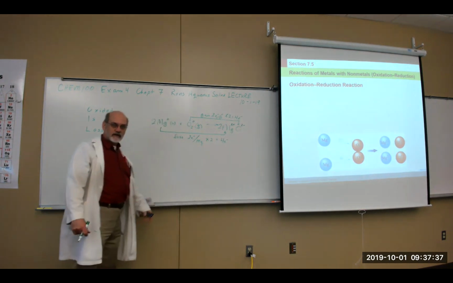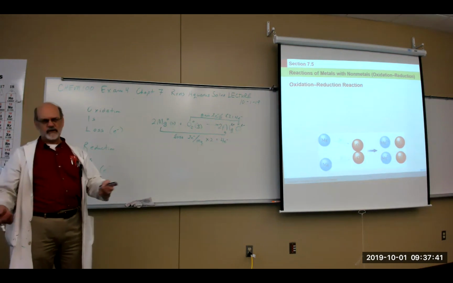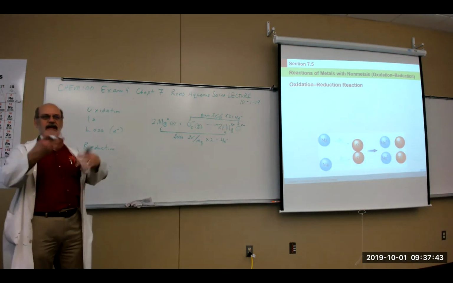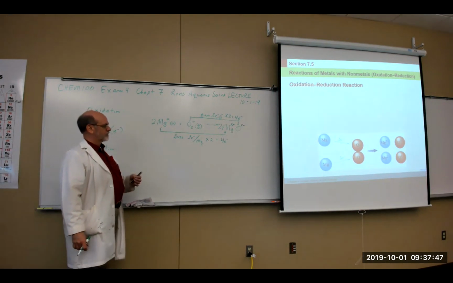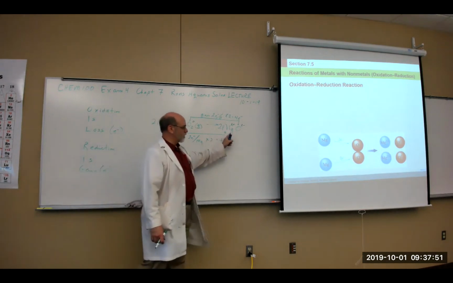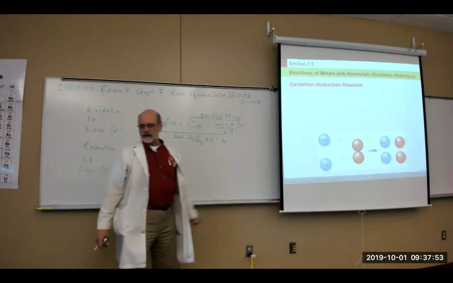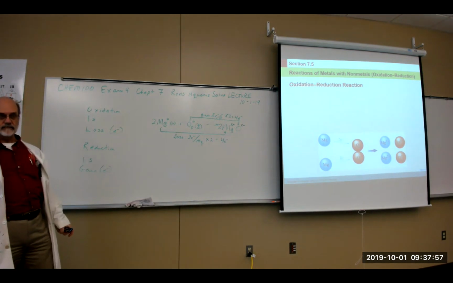If the question is whether it is oxidation reduction or not, or if you have to select from a list and say what this reaction is, you just say, that's an element, that's a compound with that element, it's oxidation reduction, go on your way. Okay?